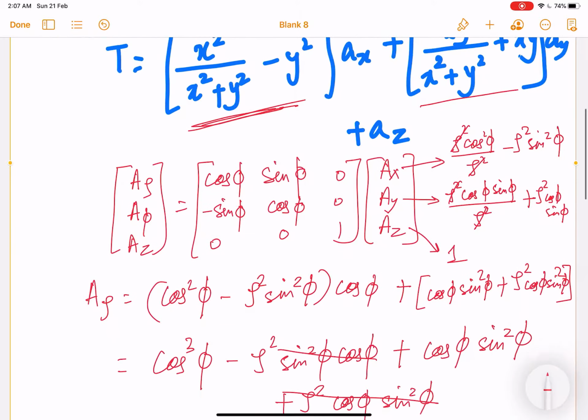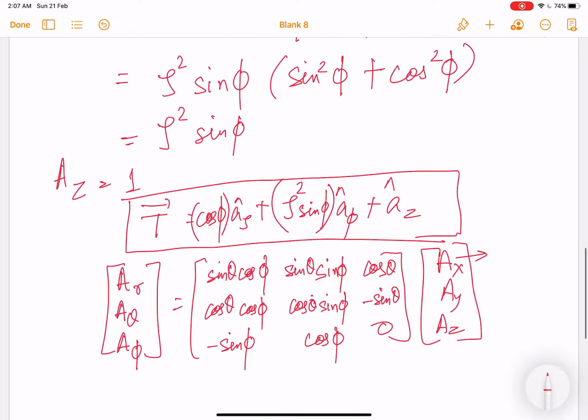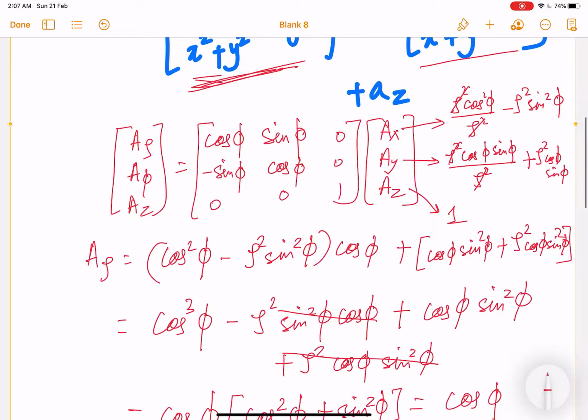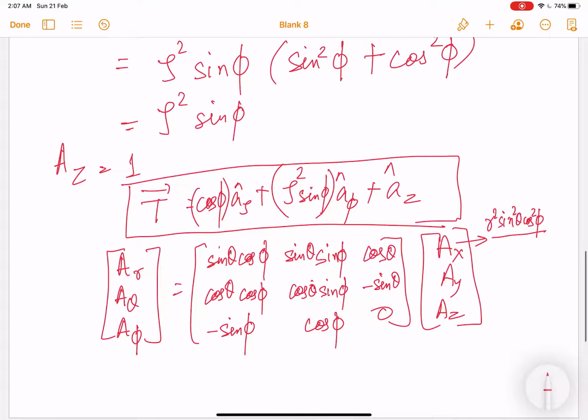In place of x square, I'll write r square sin square theta cos square phi, divided by the denominator rho square, which I can write as r square sin square theta. Then minus y square, in place of which I'll write r square sin square theta sin square phi. So this will get cancelled.